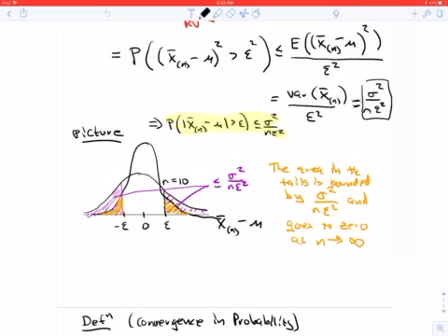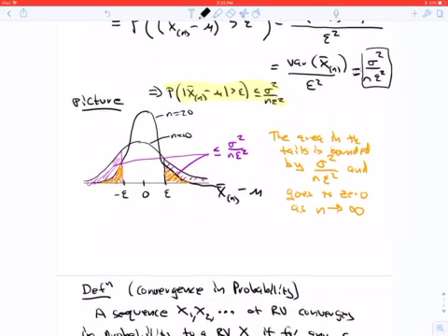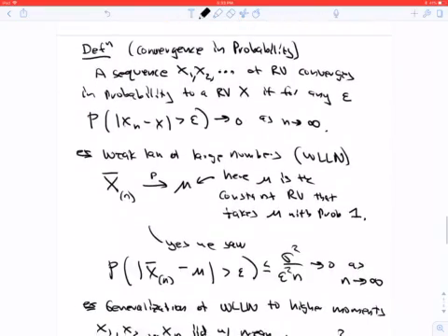So the amount of area in the tails should decrease with n. For example, I have two curves here. This one, say, is n is 10, and the steeper one, let's say, is n is 20. So n is 20 has less area in the tails.